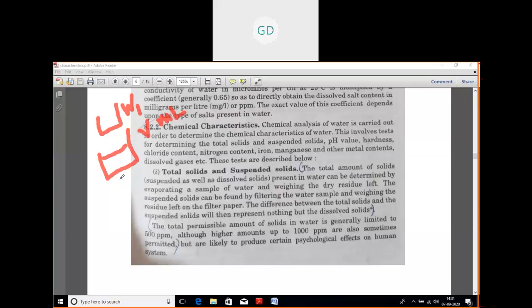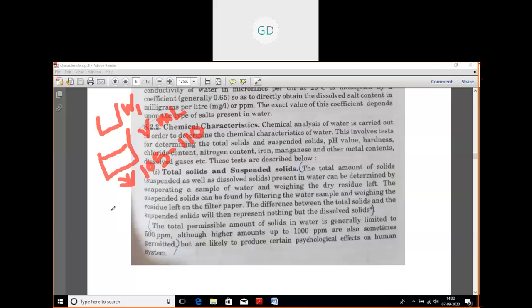Then you evaporate it, you heat that beaker at 105 to 110 degrees Celsius.